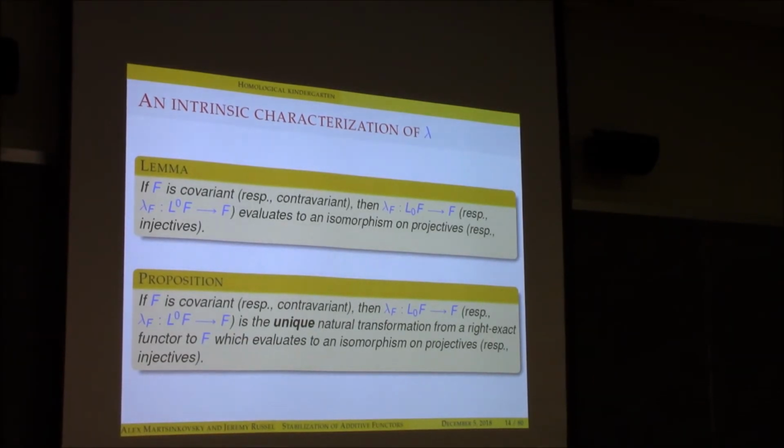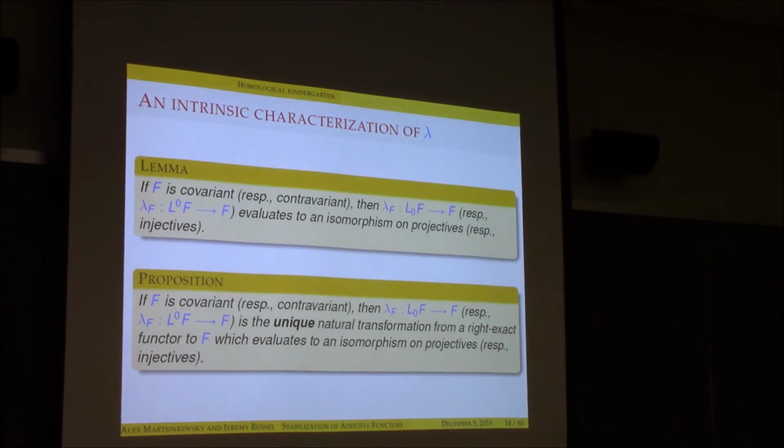So then, what is that lambda F? It's the unique natural transformation from a right exact functor that evaluates to an isomorphism on projectives. We know the uniqueness by, well, let me not go into this way.